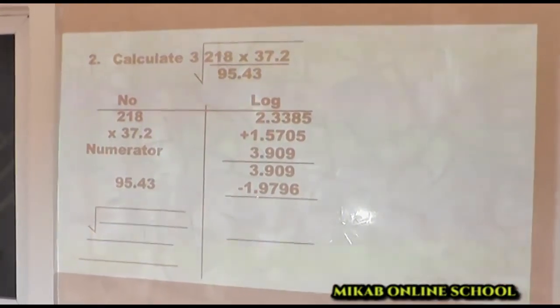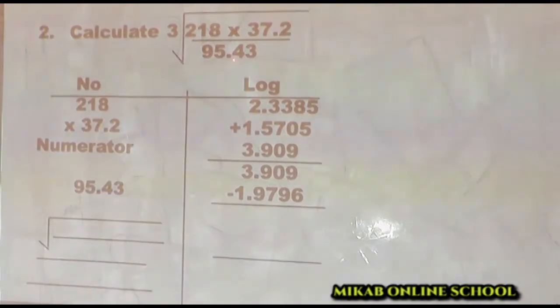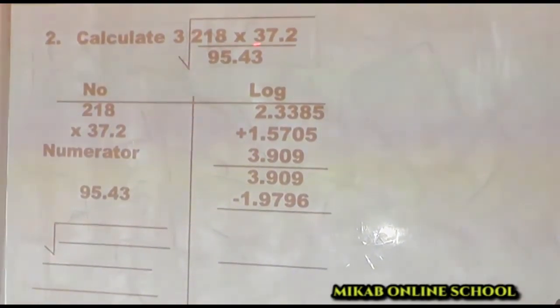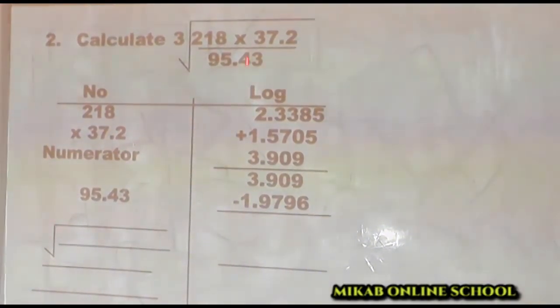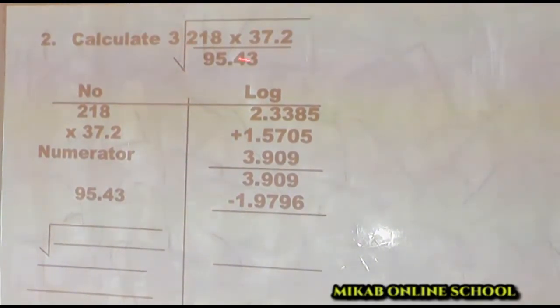So that is that. Now if you look at the numerator and the denominator, the relationship between them is a division sign. Since they are dividing themselves, we will simply subtract the logarithms.